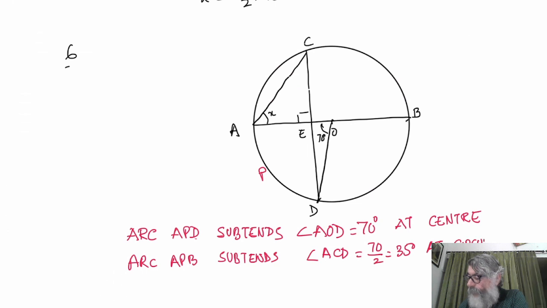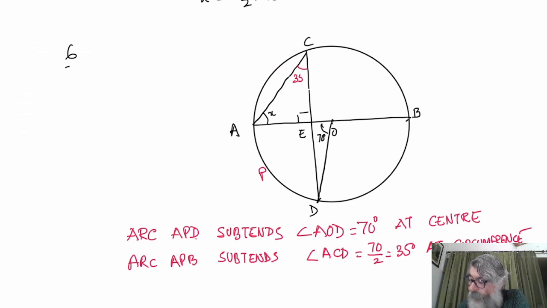It subtends 35 at the circumference, because the angle subtended by the arc at the center is double the angle which it subtends at the remaining part of the circumference. So if it is 70, this is going to be 35.